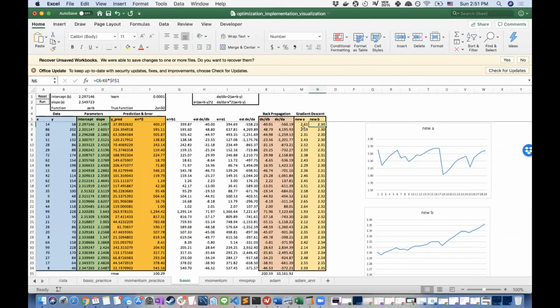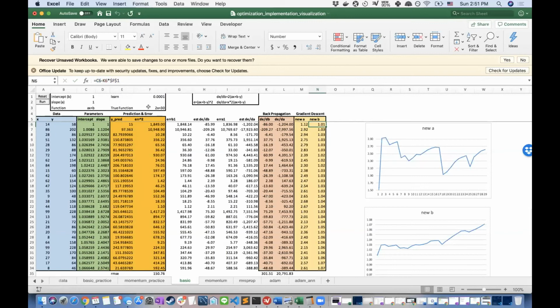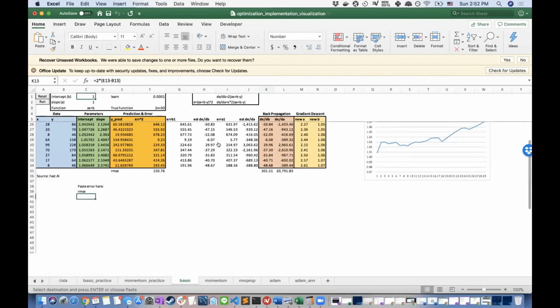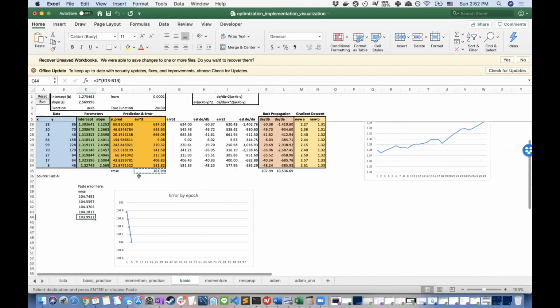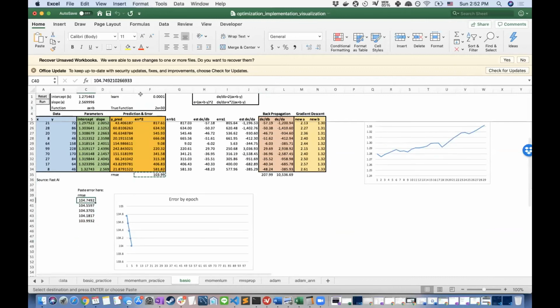And so let's reset this to 1, 1. And the function is ax plus b again, and the true function is 2x plus 30. He set a macro to run it 5 epochs per click on the run, and you can get RMSE right here.